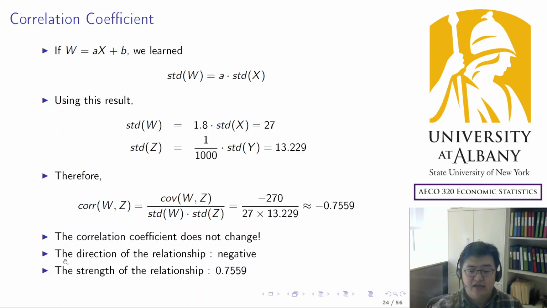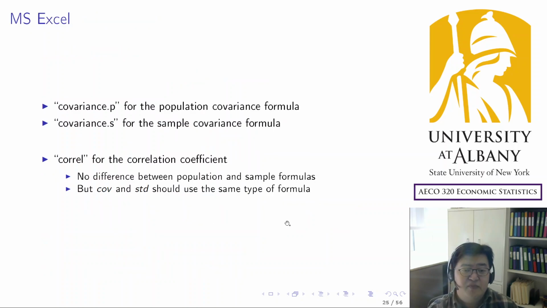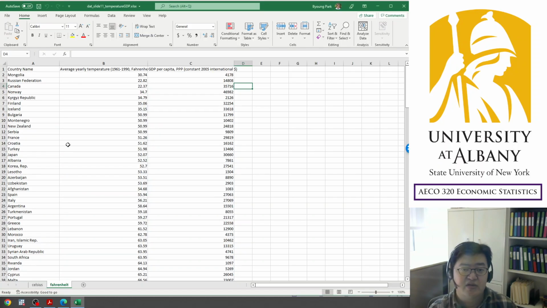And as I said, the underlying relationship remains exactly the same. So the direction of the relationship is still negative, and also the strength of the relationship does not change either. So all the results are pretty straightforward. Okay, so now I'm going to show you how to do it on Excel with the real data.